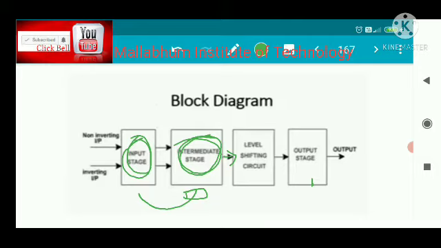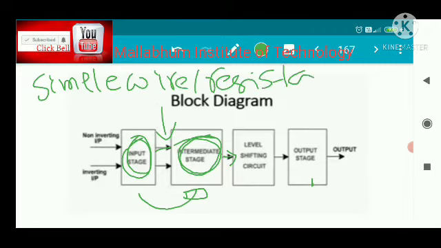In the case of direct coupling, there is no interconnecting device between these. It is directly connected with the help of a simple wire or with the help of a resistor.